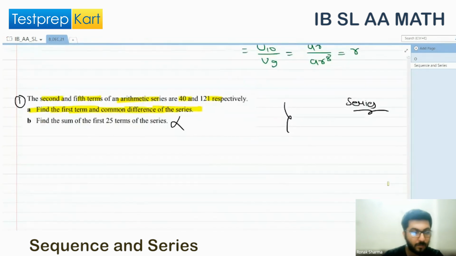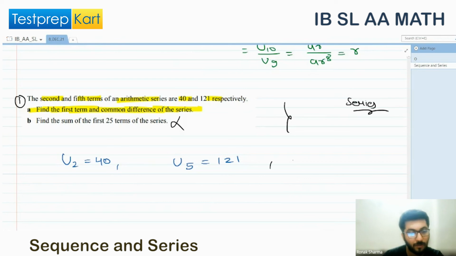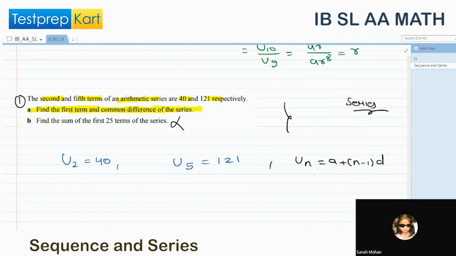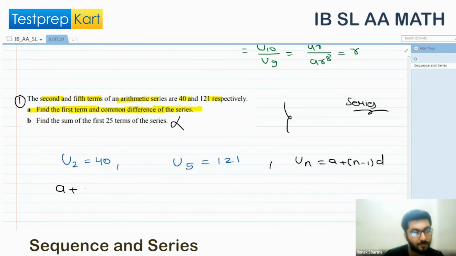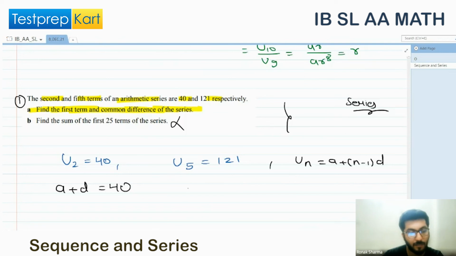So here they are saying that U2 is 40 and U5 is 121. So U2 means what? We know that Un is A plus n minus 1 d. So if I put 2, I'll get A plus D, and if I put 5, I'll get A plus 4D.